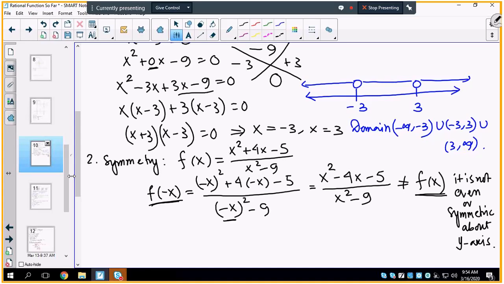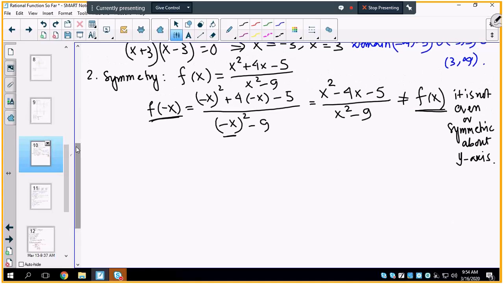I have to check one other symmetry, and that is symmetry about the origin. For that, f of negative x is good, but I need to know what is minus f of x. Minus f of x, as you recall from last class, you either multiply the minus to the top or to the bottom of the original function. I prefer the bottom, so I get x squared plus 4x minus 5 all over minus x squared plus 9. And this is not equal to f of negative x.